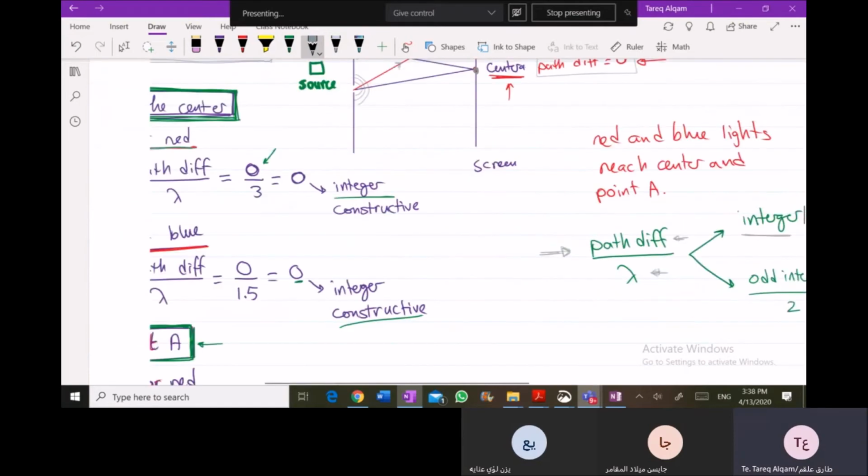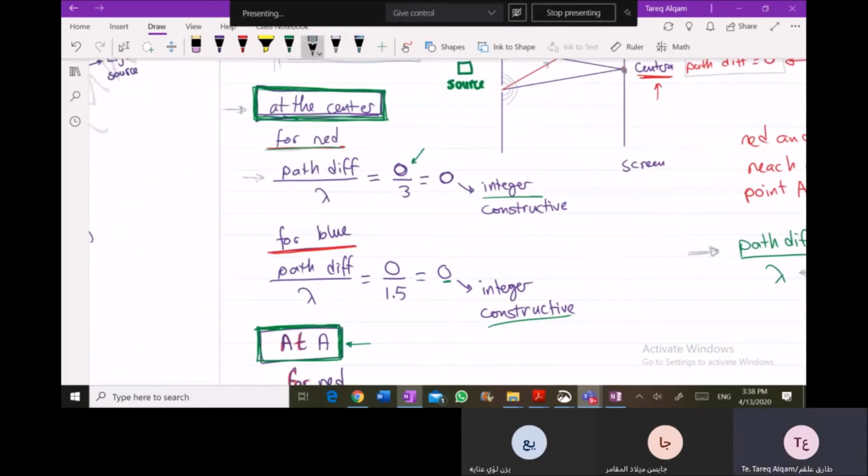Let's try this. For the central point, I divide the path difference over lambda for the red: 0 over 3, right? So the result is 0.